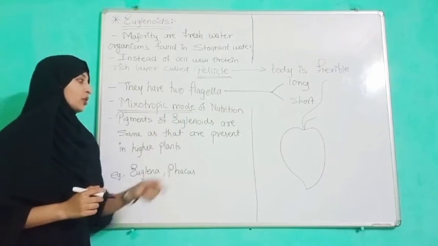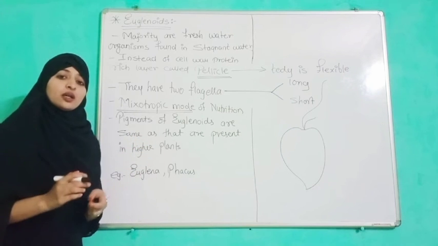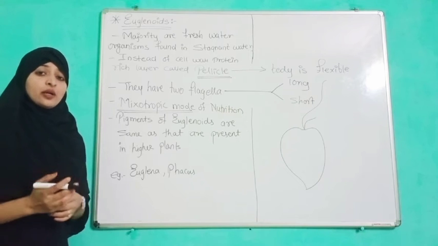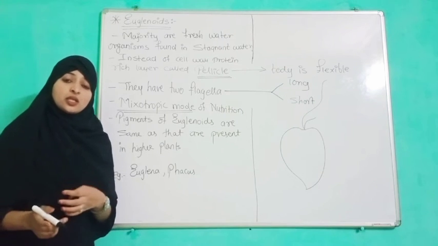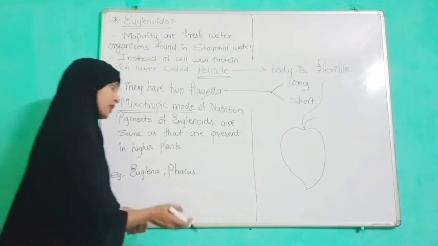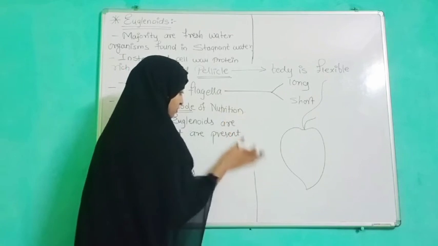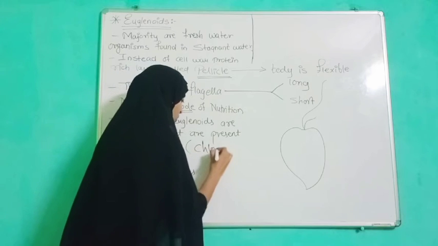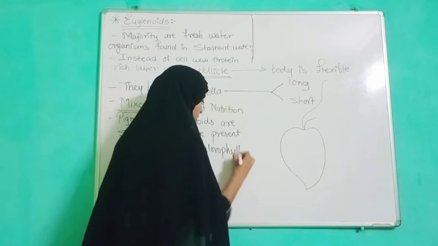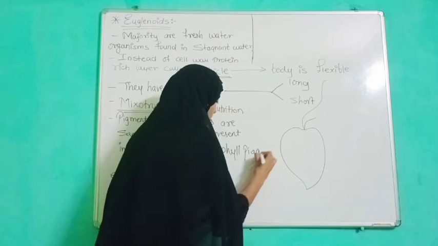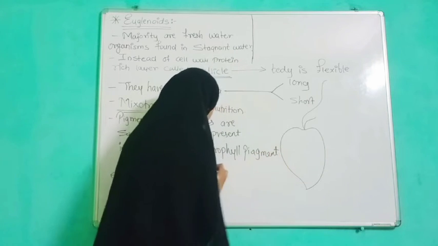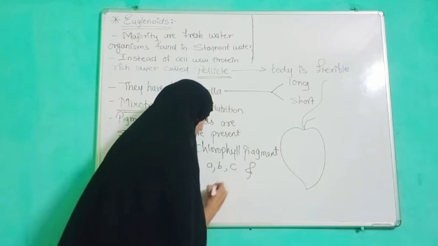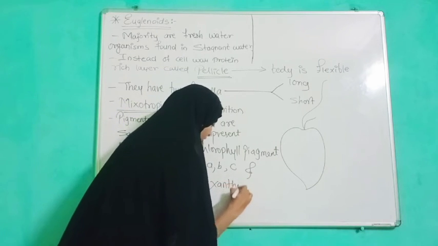Next, the pigments of euglenoids are the same as those in higher plants. As we know, higher plants contain chlorophyll pigment A, chlorophyll pigment B, C and xanthophyll.